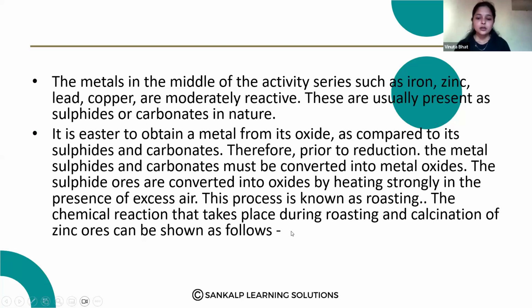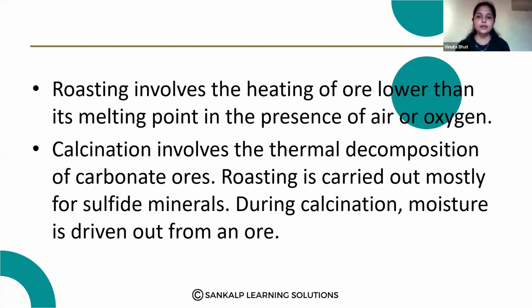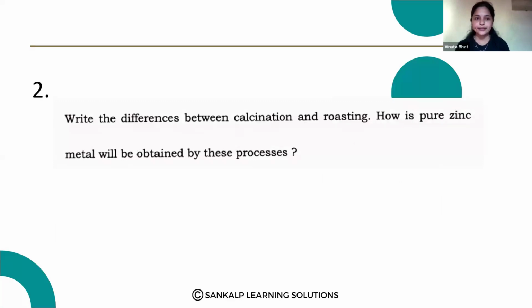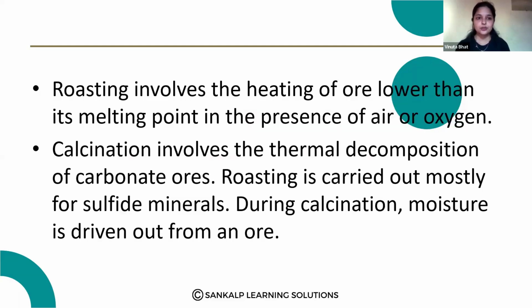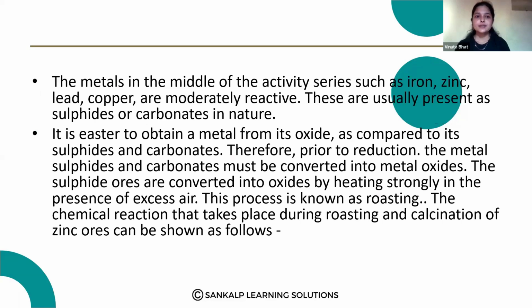Next, how to obtain zinc from the sulfide ores, by this calcination and roasting process. The metals in the middle of the activity series such as iron, zinc, lead, copper are moderately active, and these are usually present in sulfide or carbonate ores in nature.